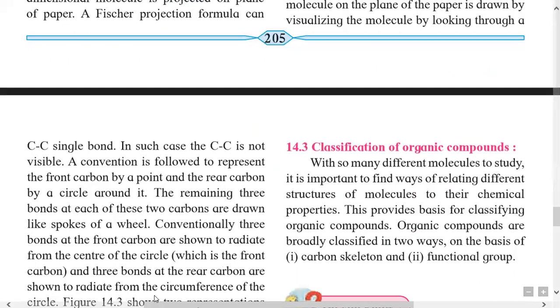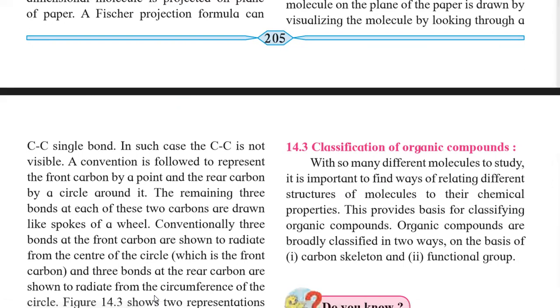If you look through one carbon, and the other carbon is backside to that front carbon, then we cannot see this carbon-carbon bond. A convention is followed to represent the front carbon by a point and the rear carbon by a circle around it, because that cannot be visible.